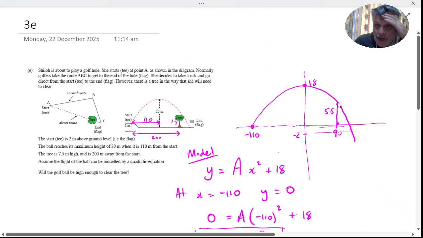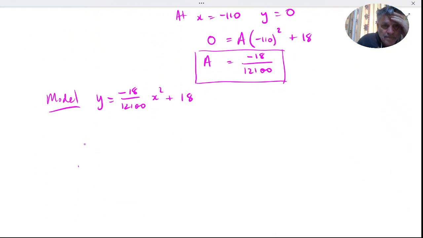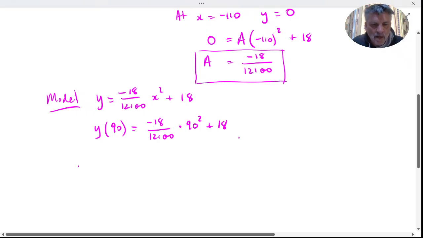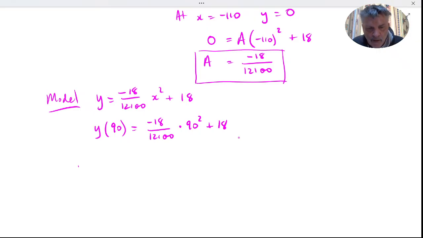And we want to know the y height when x is 90. Y evaluated at 90 is negative 18 over 12100 times 90 squared plus 18. That looks like calculator work.